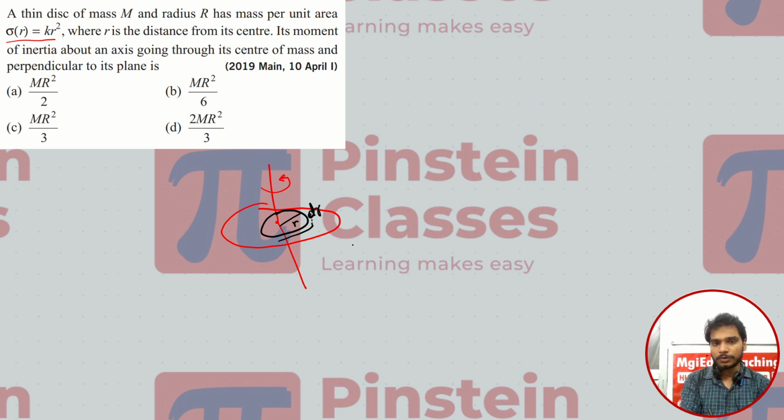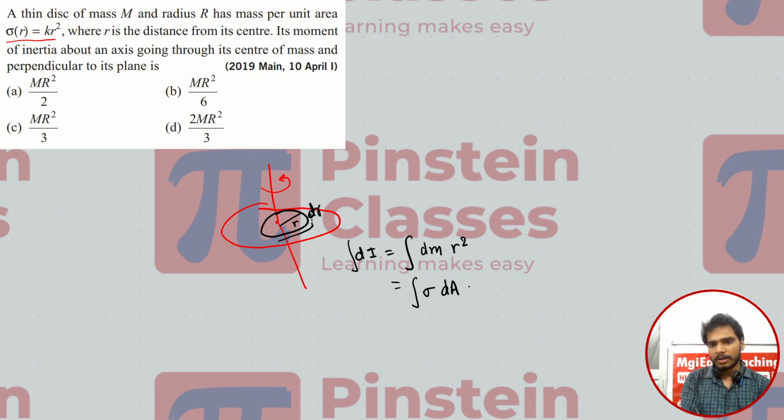To calculate moment of inertia, we know the formula as we learned in our last lecture, that is dm times r square. What is dm? dm is nothing but the area of this small segment times sigma, because sigma is mass per unit area.